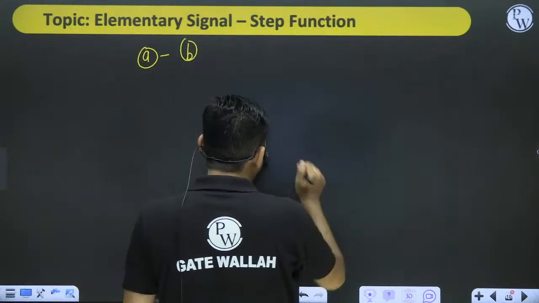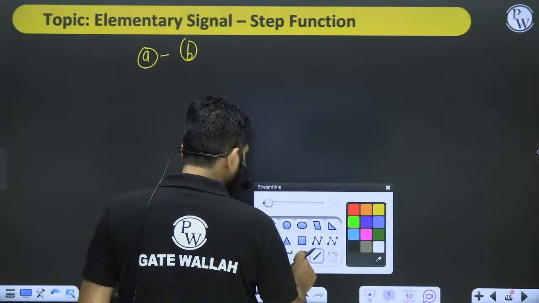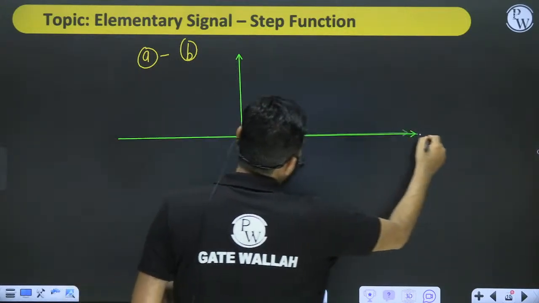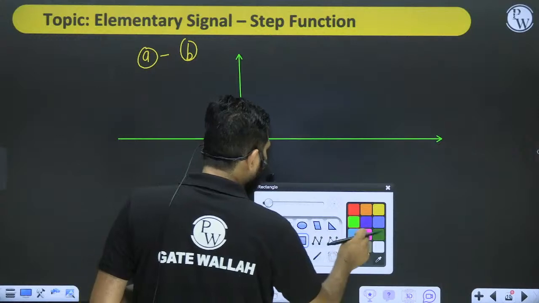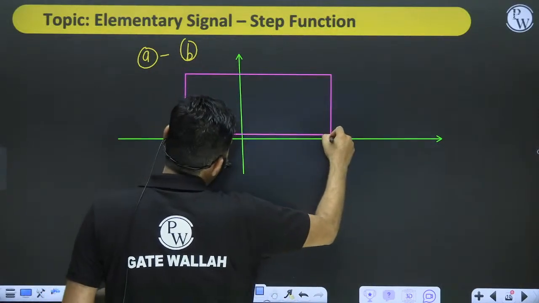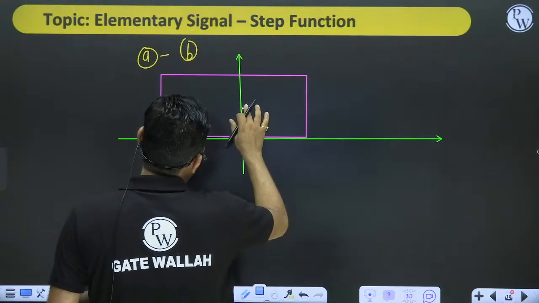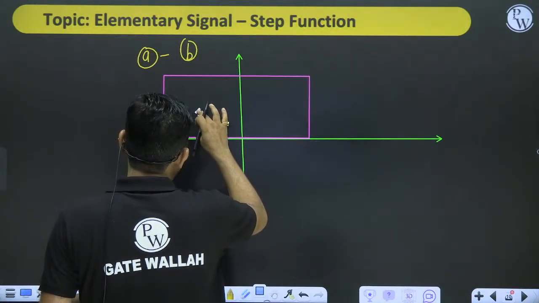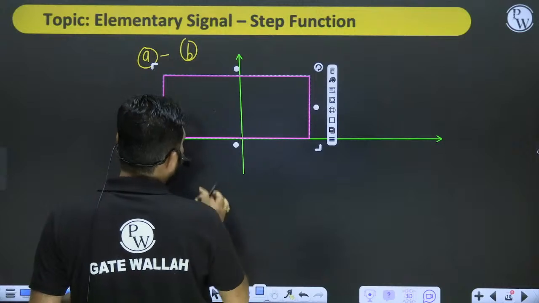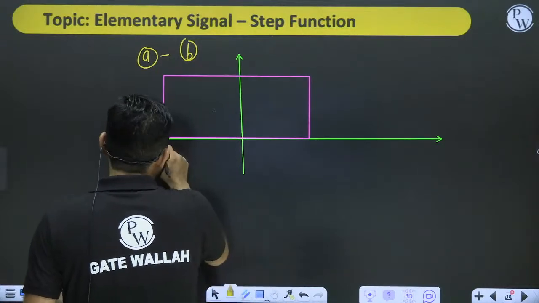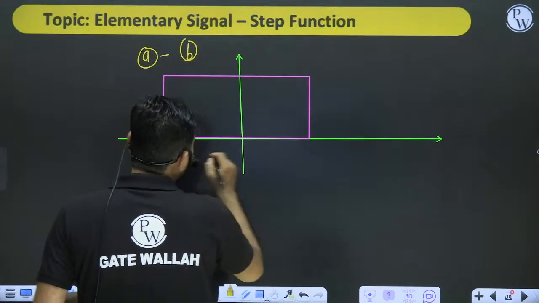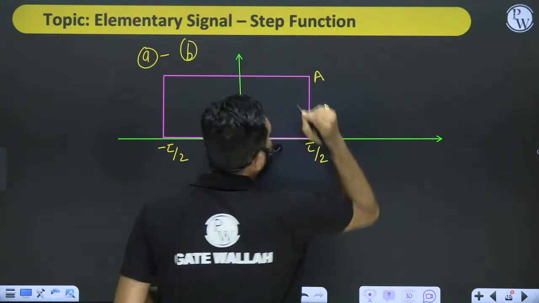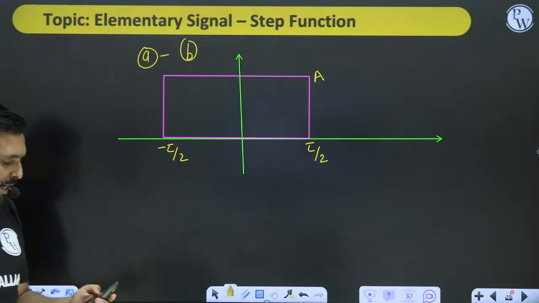Don't you think you will get this function? This function from minus tau by 2 to tau by 2 is a.